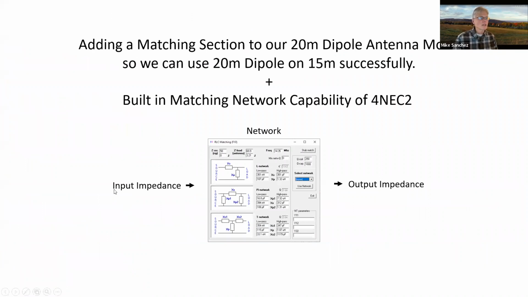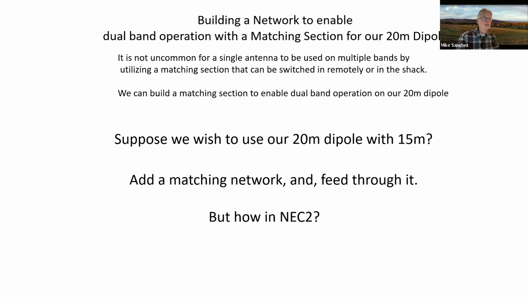So a network has an input and an output. And in order to put this between an input and an output, you have to have a wire input for the input of the network and a wire output for the output, okay? And we'll implement that and I'll show you.